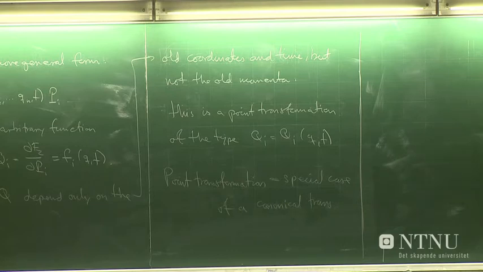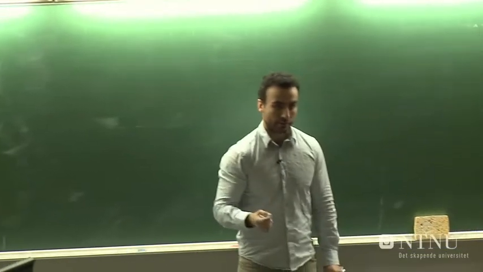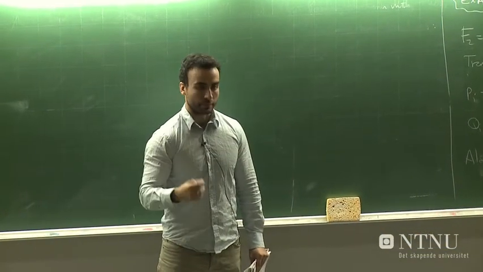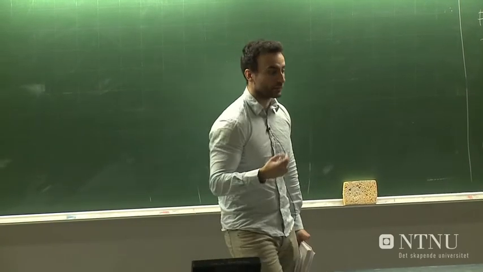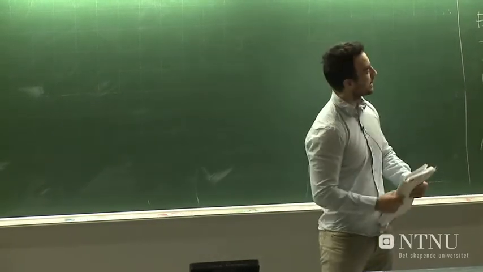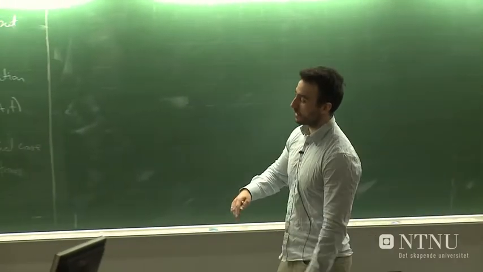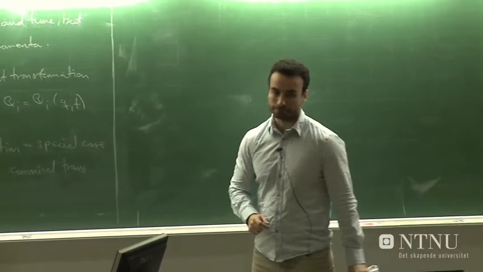So this initial example is meant to illustrate that the generating function belonging to the class F2 contains some important limiting cases. It contains the identity transformation, and it also contains the point transformation.